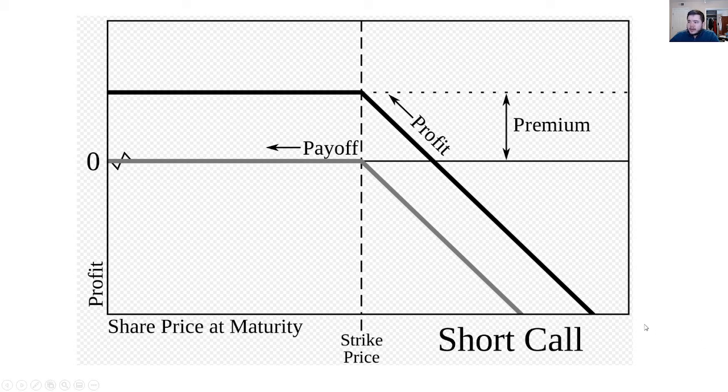Because at that point, if I just held the shares without writing the covered call option, I'd make more money. Because what this covered call option forces you to do is sell your shares at the strike price on the maturity date. So I'd be forced to sell 100 Apple shares at $170 each on February 4th. That's what that represented.